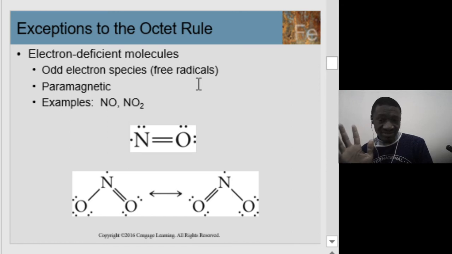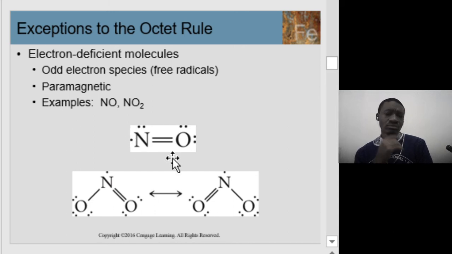Very interesting. They are the ones that get you confused, because if you look at NO, what's going on there? Oxygen is 1, 2, 3, 4, 5, 6, 7, 8, okay, good. But nitrogen is 1, 2, 3, 4, 5, 6, 7. What's happening?